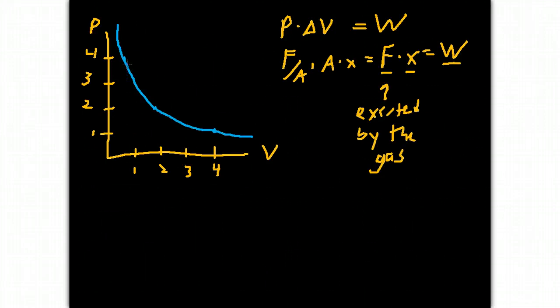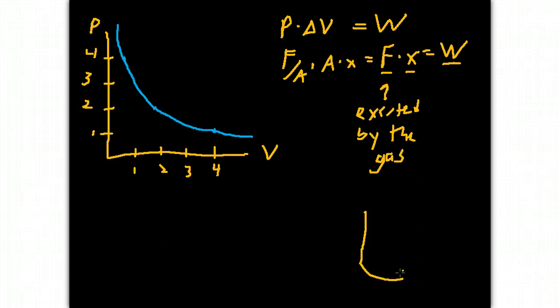So let's say that I want to find out how much work is done. Well, first of all, you can't just draw the line. You also need to know what direction the process is taking you. For instance, are you expanding the gas, or are you compressing the gas? So let's do a quick sketch up here.